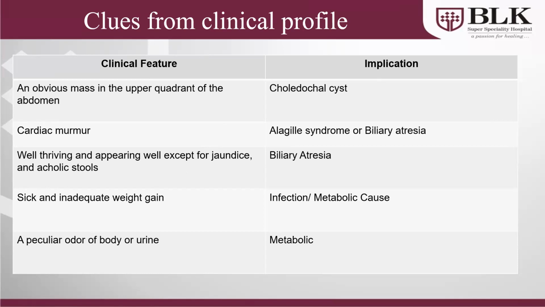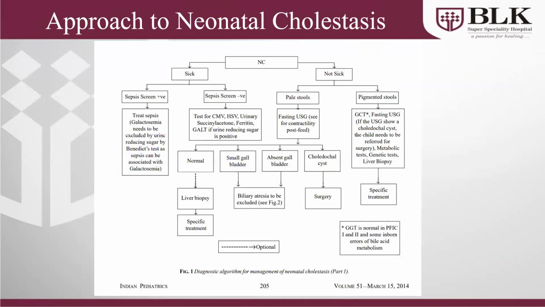If the infant is sick or having inadequate weight gain, it can be due to again infections or metabolic causes. If the infant has a peculiar odor of body or urine, it can be certain metabolic or enzymatic disorders. So this algorithm is very lucid and a very important algorithm while approaching a child with neonatal cholestasis.